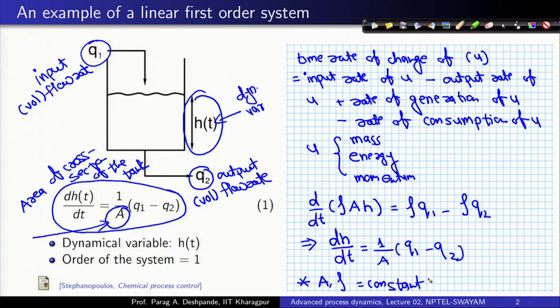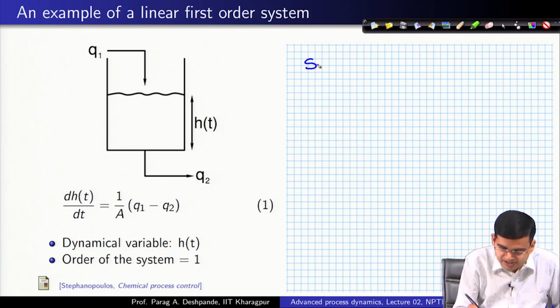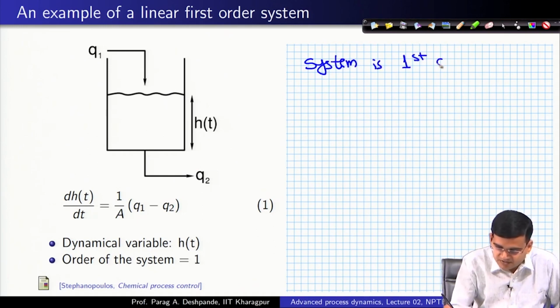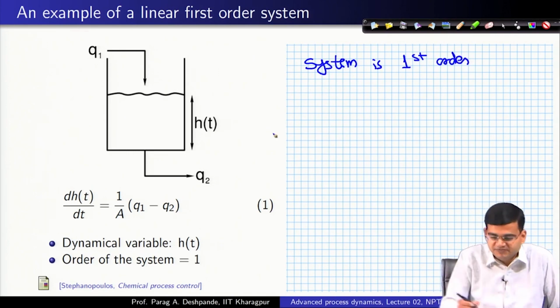that we understand how this equation comes, let us try to see the dynamic behavior of the system. At this point of time, all we can say is that the system is first order.